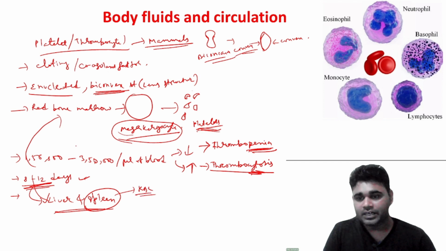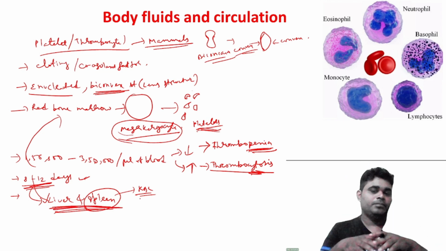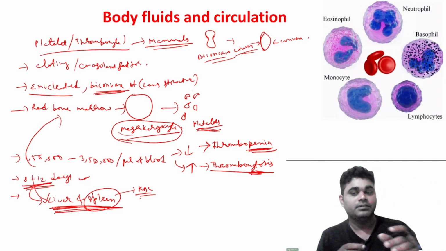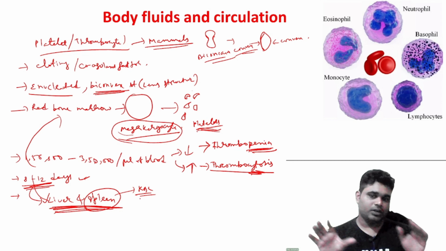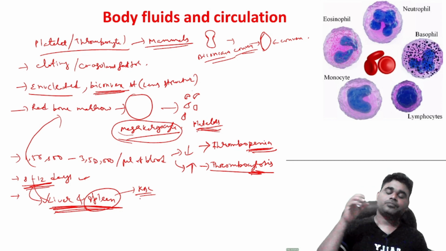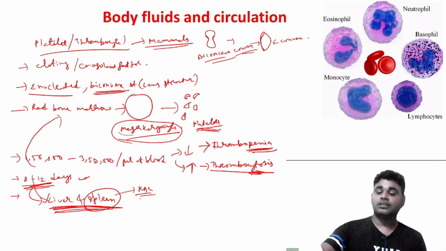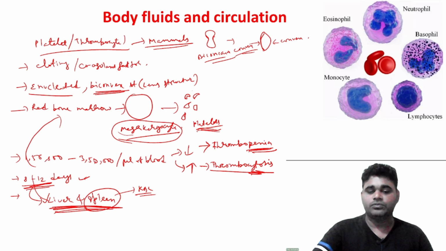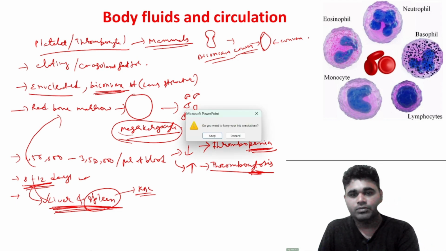But the platelets are destroyed in the liver as well as the spleen. This is the main difference. That's why the spleen is called the graveyard of the RBC only, but not the liver. But the platelets die in the liver and the spleen. So these are the different types of structure of the corpuscles. That means these are the platelet, WBC and RBC structures.